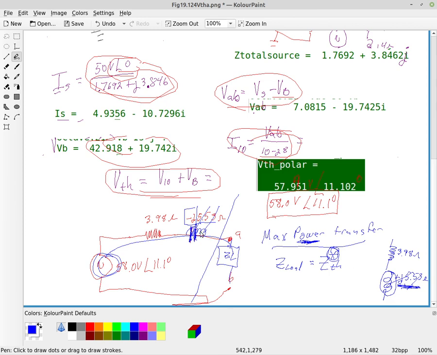If in your Thevenin you have an inductor, then you would in your load put a capacitor that has a magnitude matching that reactance, and that will give you maximum power transfer. So that is Thevenin's circuit and maximum power transfer in an AC circuit.